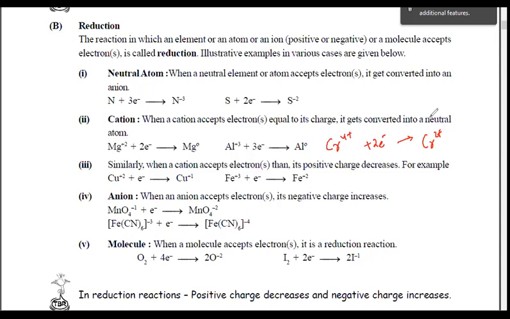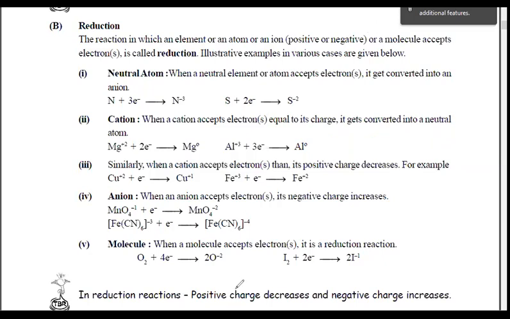Now tell me, both are cations, yes or no? But is the oxidation number increasing or decreasing? Decreasing, yes, very good. So obviously it is reduction.